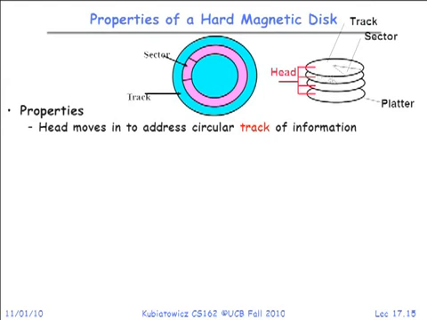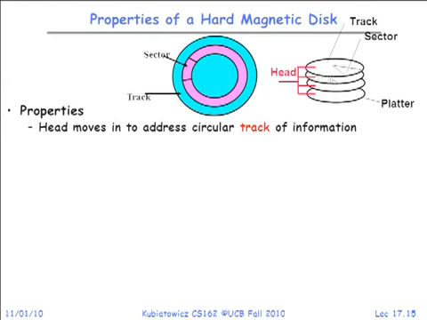And then finally, there's a piece of terminology here: all of the sectors on a given track through all the platters is called a cylinder. So you could say the cylinder is the set of all things you can get by not moving the head and just letting the disk rotate. Question, yes?